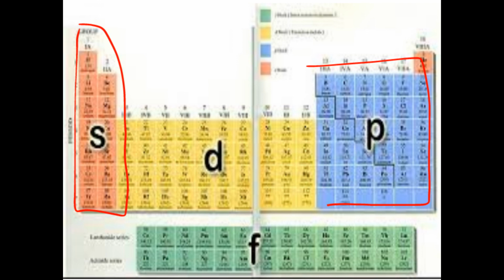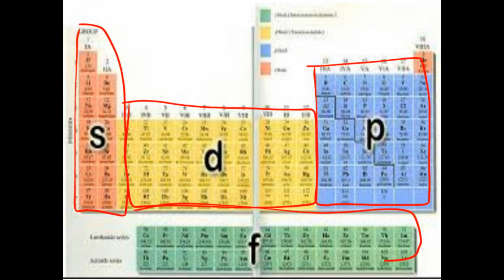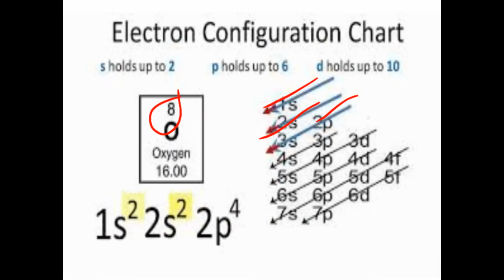Here the elements are showing their outermost electron in p subshell, in this case d subshell, and in this case f subshell. So you will notice that the number of electrons present in the outermost shell is the same in the case of groups.